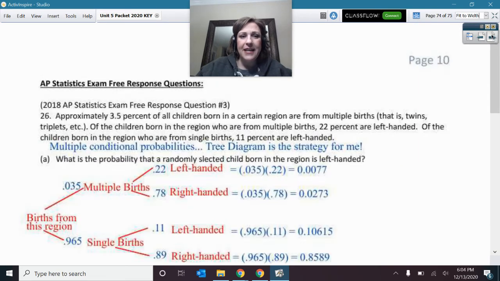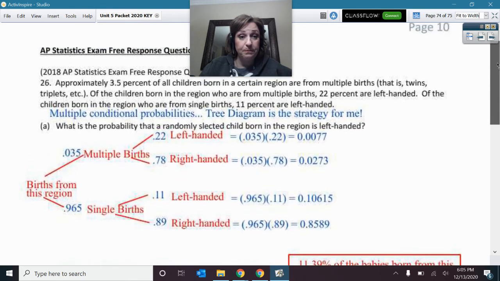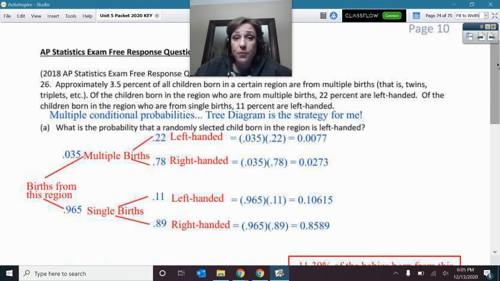All right, now we have 2 free responses. So here we go. So these were actual AP questions. 2018 was number 3, this one right here. Okay, we had multiple conditional probabilities. We had multiple births and single births happening in this area, and then the rate at which they were lefties or righties.